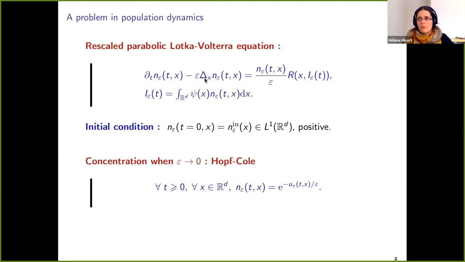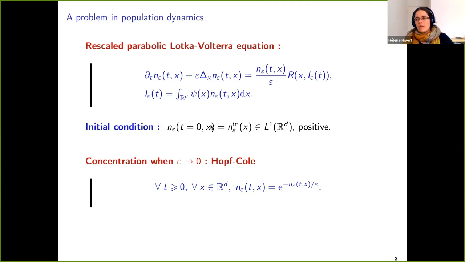But when epsilon goes to 0, the Laplacian vanishes, and then you lose the regularity. At the end, you have only Dirac masses, so you can't expect more than a measure of regularity. So this loss of regularity brings problems in the analysis.